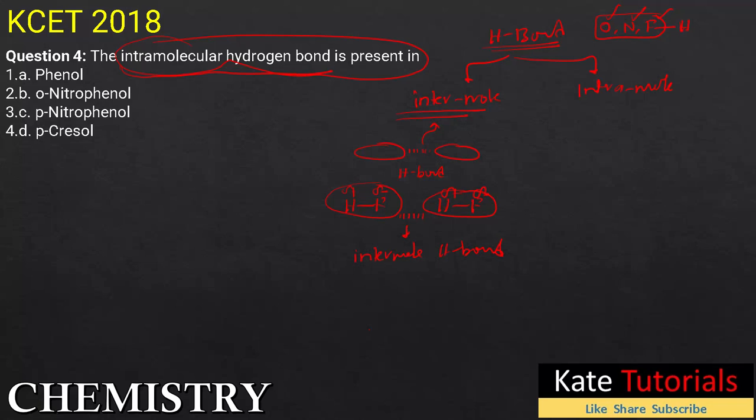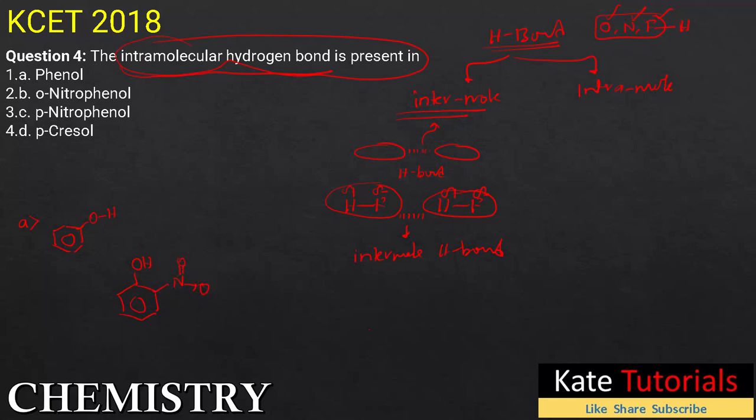So let me draw the structures. First, A is phenol: benzene ring, OH group. B is orthonitrophenol: benzene ring, phenol means OH, ortho position NO2.